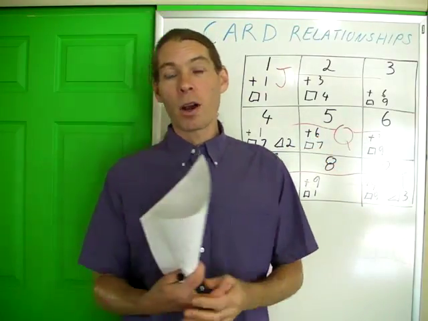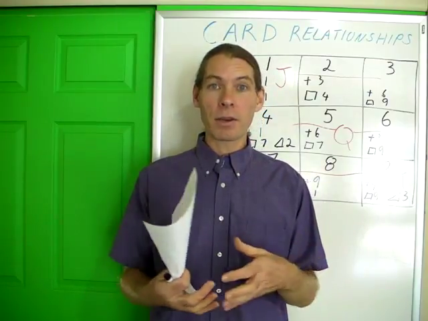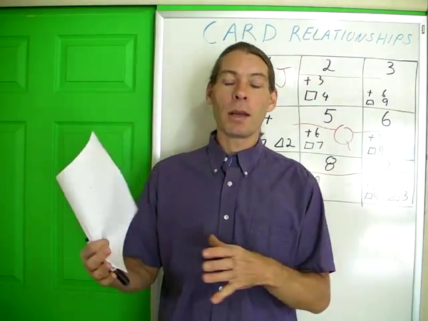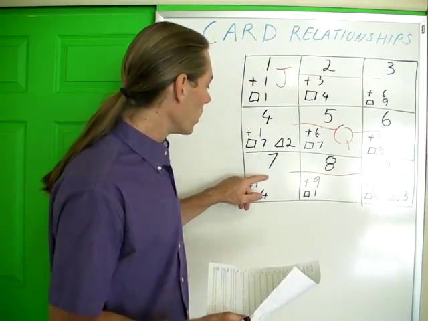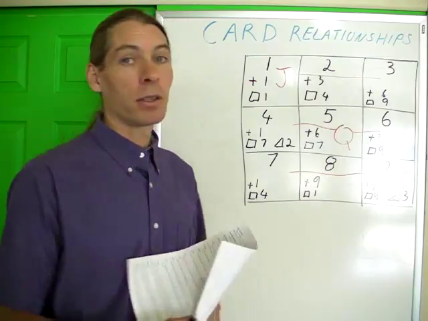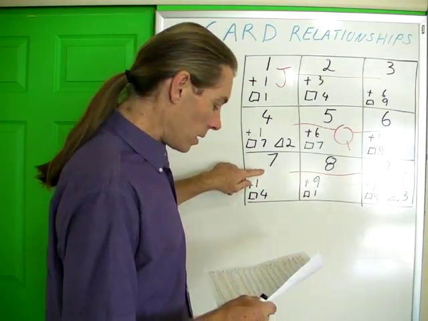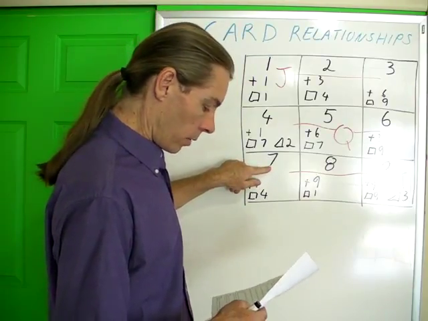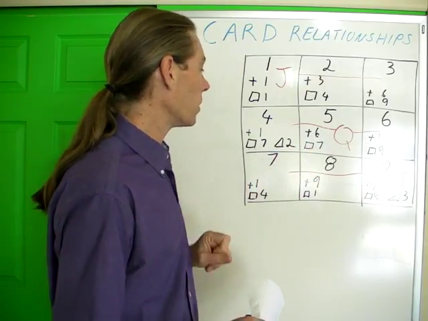So if you have a 5 card and that 5 card's getting activated, you might find a person with a 7 card or a strong 7 somehow is supporting you in making that change perhaps. Okay? Because letting go of things, making the hard decisions are what 7s are just so used to because it just seems to happen to them all the time. So it's easy for them. Okay, then the 7, and that's the connection there. They have this 7 connection.